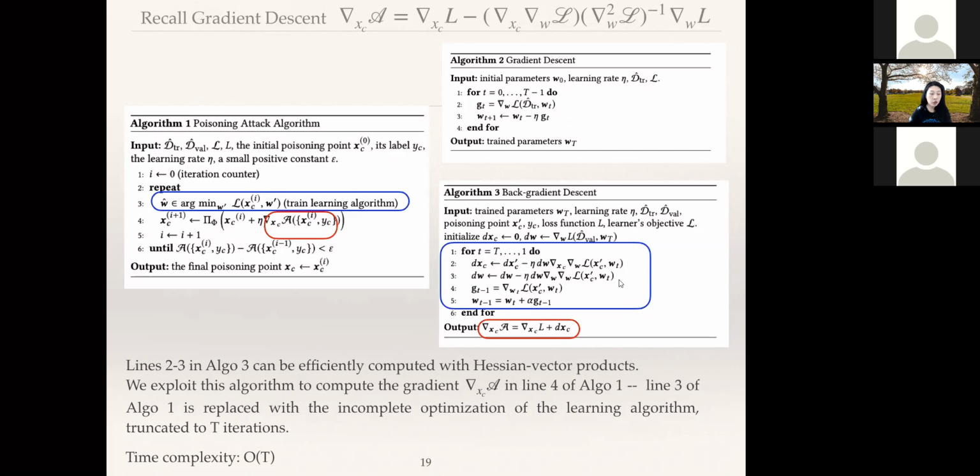You're looking at algorithm 2 now? Algorithm 3. Oh, algorithm 3. Okay. So yeah, T from capital T to 1. I'm understanding that the derivative with respect to XC comes first because it's in the backward scheme, back gradient descent, right? True. Right. So basically, if you wanted to do everything forward, we should do the DW, d omega first. Okay. Right. Got it.